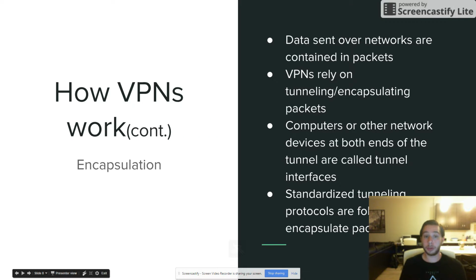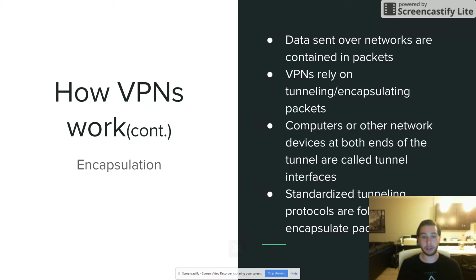A little bit more about how VPNs work as far as encapsulation goes. Data sent over networks is contained in packets. They follow their own protocols as far as the ISO layers go. VPNs rely on tunneling, or encapsulating, those packets.